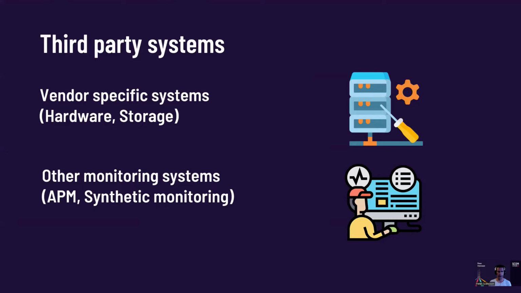There are also other monitoring systems. There are APM systems, application performance monitoring, and synthetic monitoring. There's real user monitoring, or there's a variety of words for different monitoring systems, but these monitoring systems often come with their own dashboards and alerts, and they have rich information.